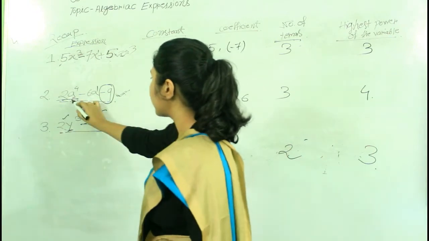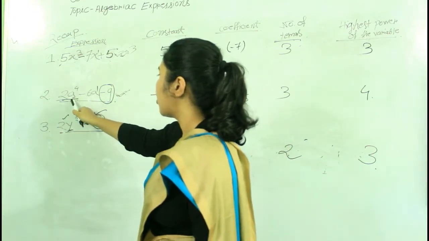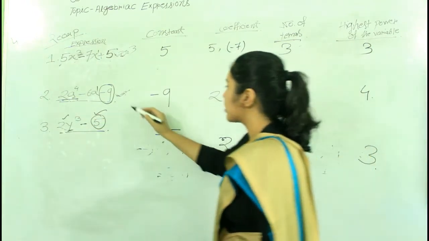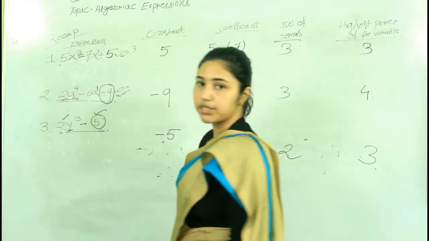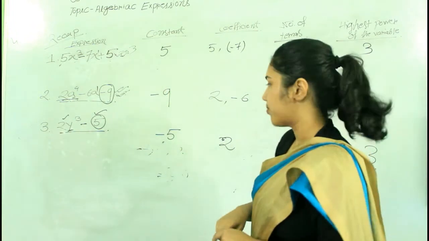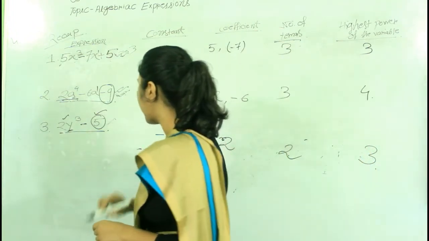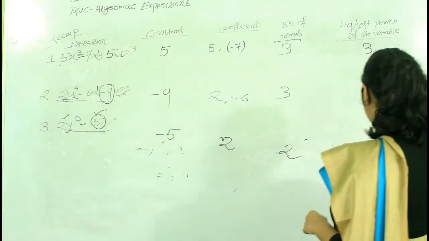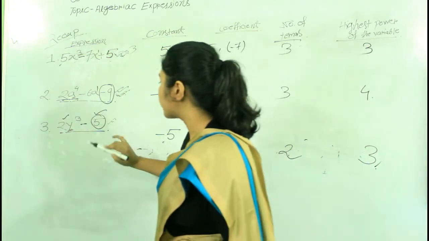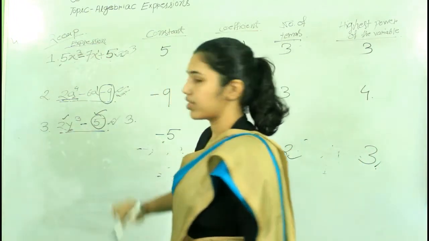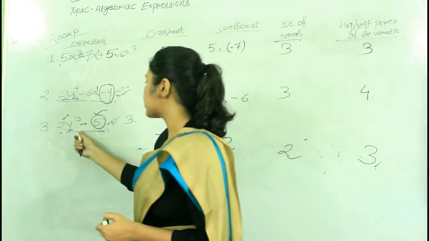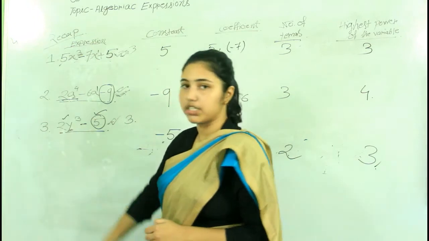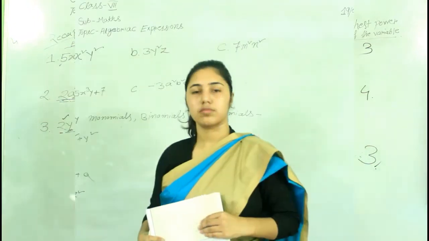Next expression here, the highest power of the variable is 4. Which means the degree of this algebraic expression is 4. Next case, the highest power of the variable is 3, right? So, again the degree of this algebraic expression is 3.